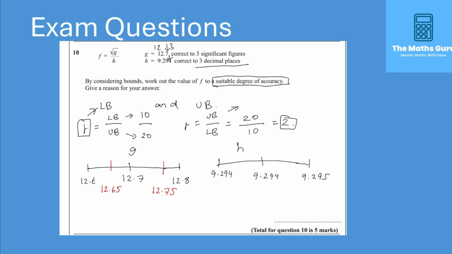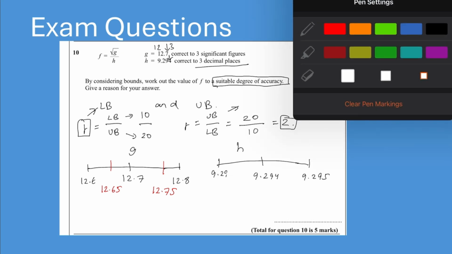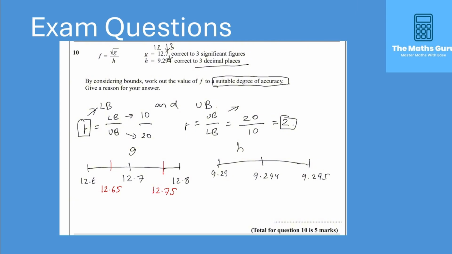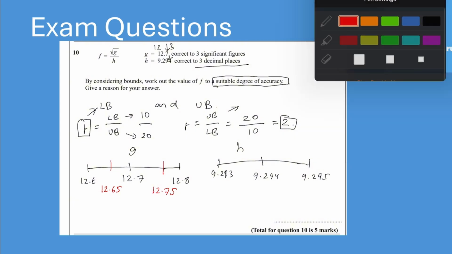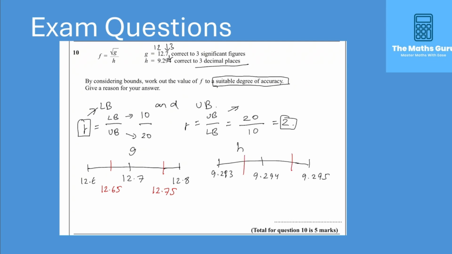So the lower value is 9.293. Now we're going to consider our midpoints, and we're going to get 9.2935 and 9.2945.